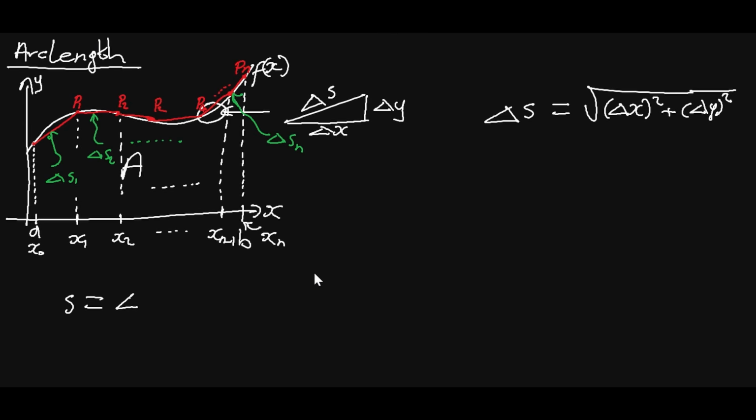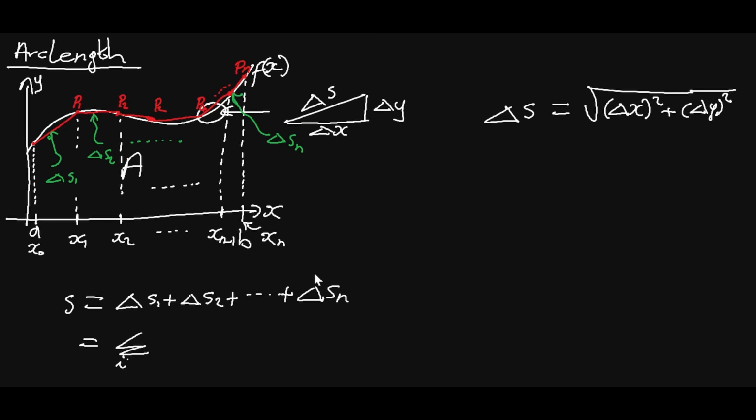It means we're having delta S1 plus delta S2 plus etc., up to the last one, delta Sn. Right, so we can have a better way of writing this. We can bring in the sum notation, which is how we represent the summation.